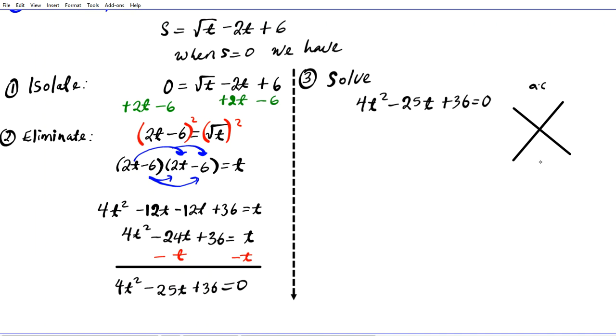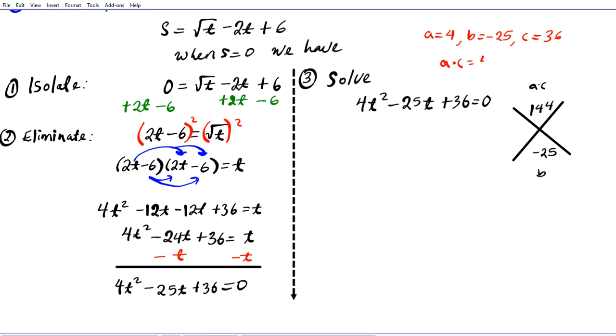AC goes on top, B goes on the bottom. In this problem, A is 4, B is -25, and C is 36. So AC is 4 times 36, which is 144, and B is -25. We're going to play the X game.